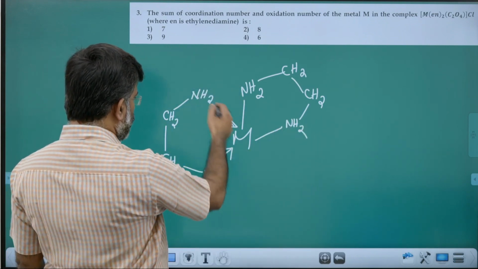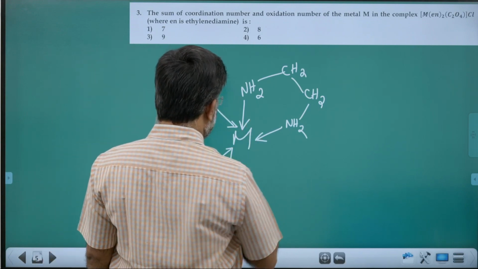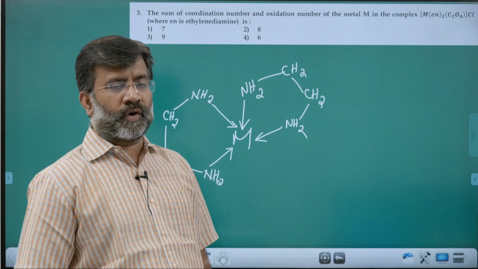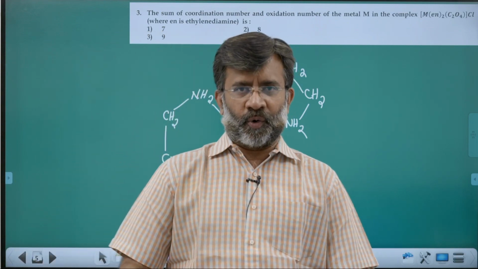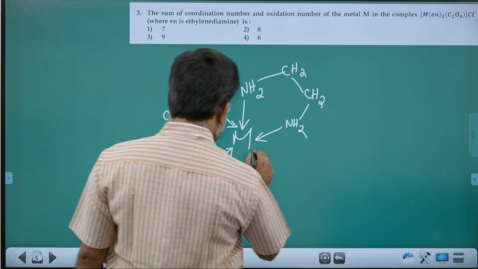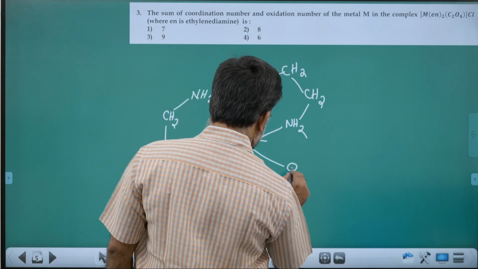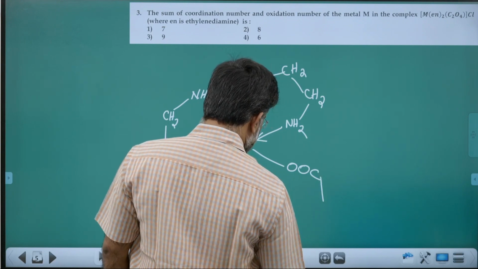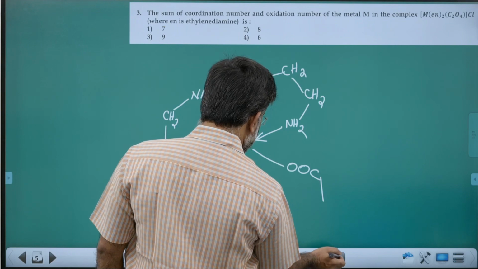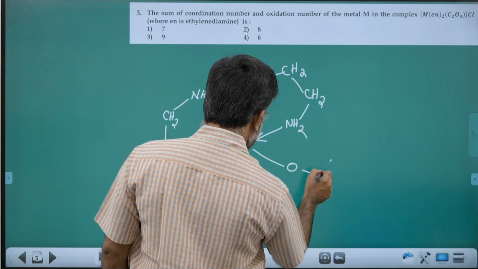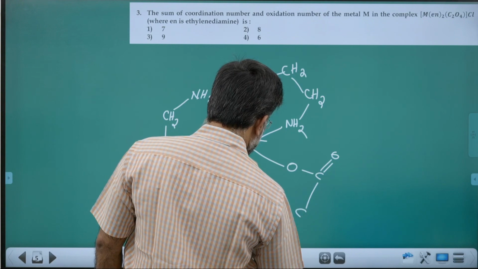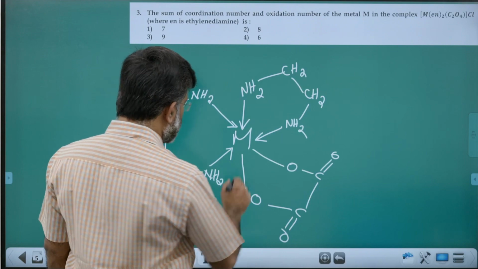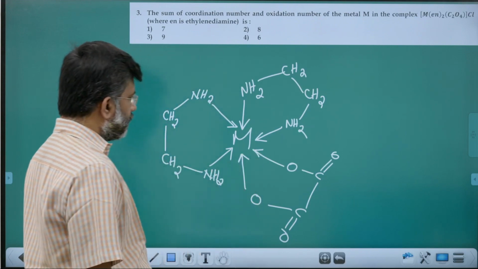So one bond, two bond like this, and two bond like this, and there is one C2O4. C2O4 is what? Oxalato. How is the bonding there in oxalato? This is oxalato making bonding.